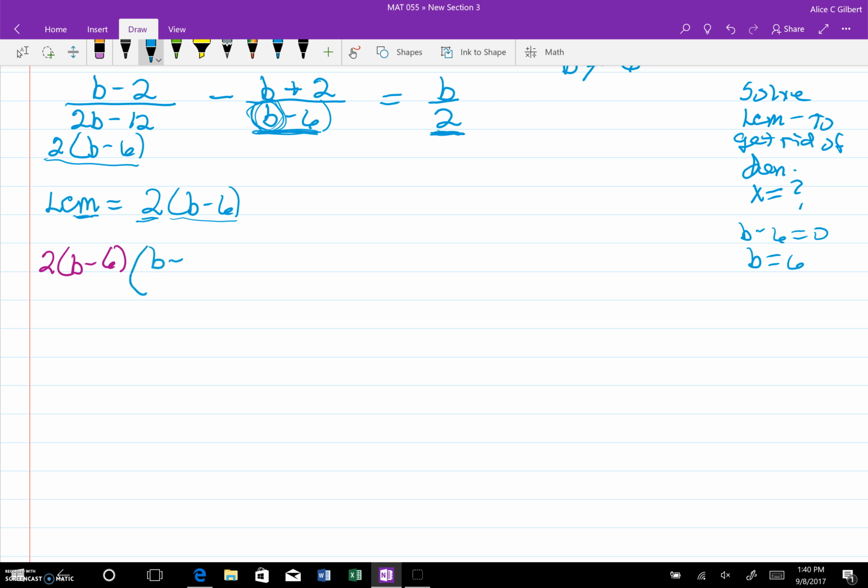Well, now I've got the same denominator in everybody. So now I can just write that denominator. And then I'm just going to do what happens in the numerator. So 1 times b minus 2 is b minus 2. Now be very careful because I've got this 2 here and this negative. So I'm going to write it like this to begin with.